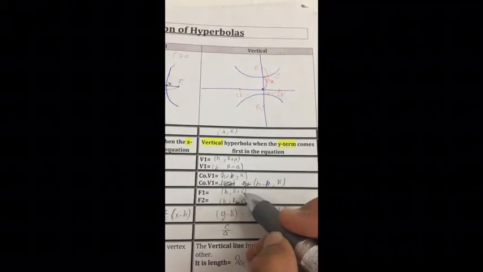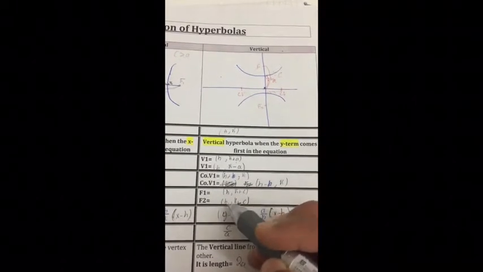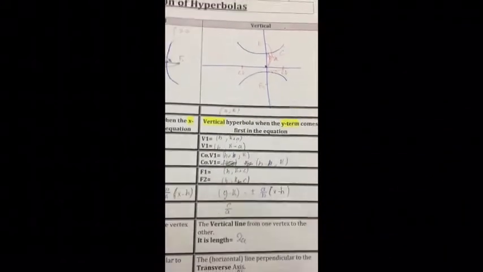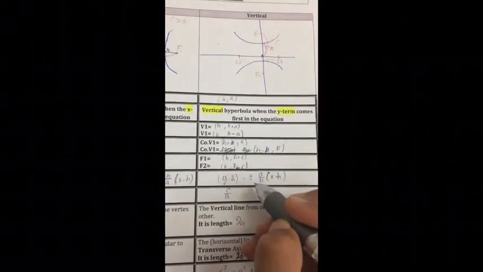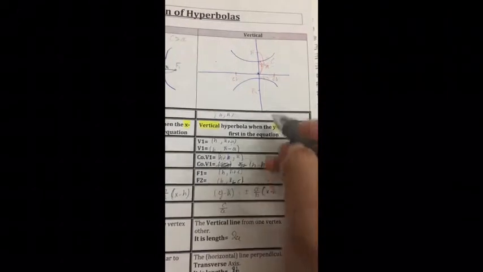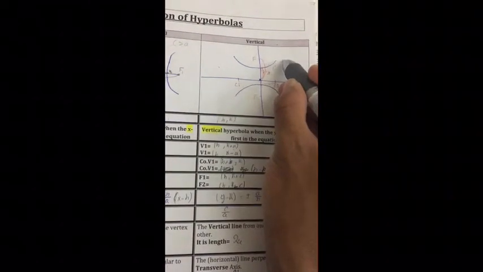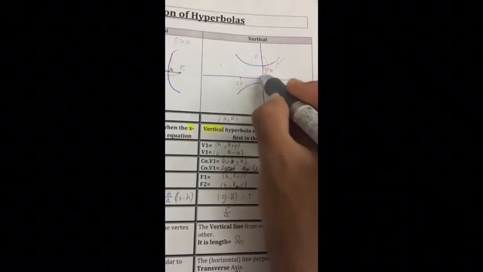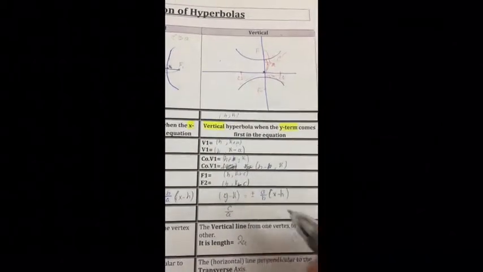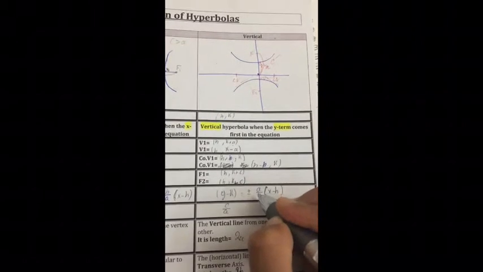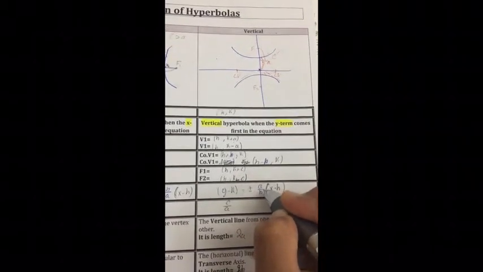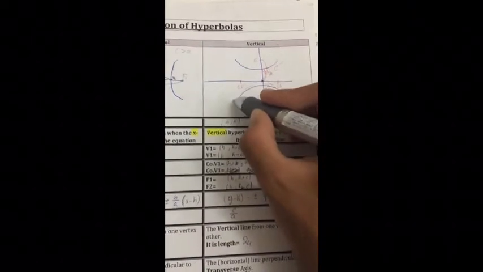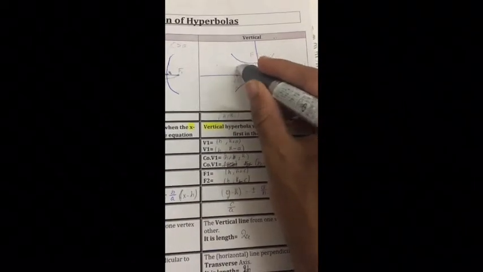Also c is on the y-axis, so h stays the same and k plus c. That's it. This is the asymptote, located here. The asymptote is equal to a over b, not b over a, it's a over b. So this is the positive asymptote and this is the negative asymptote.